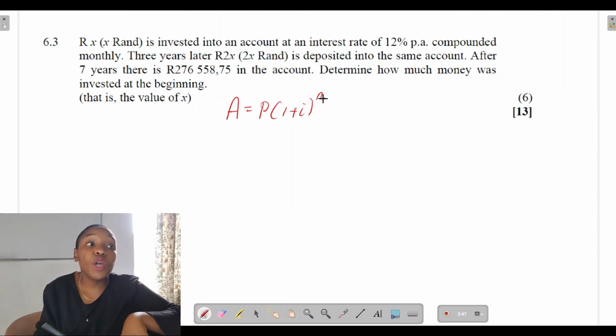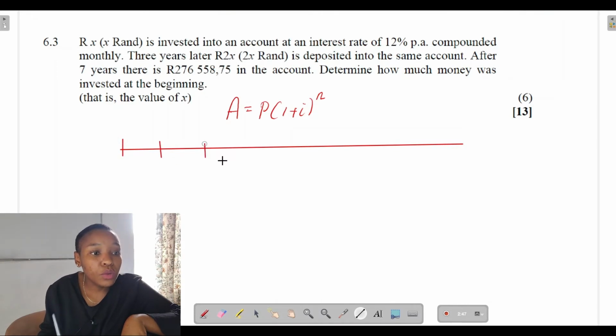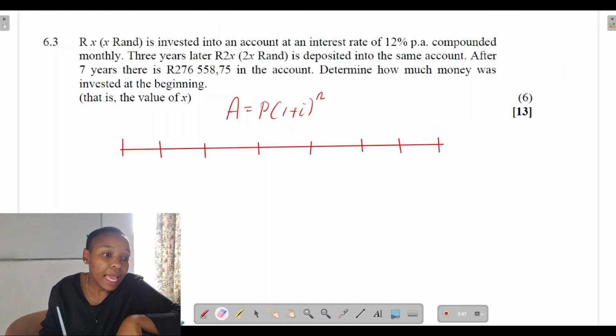Secondly, guys, we are going to be using timelines to help us answer this question. This money is invested into the account for how many years? 7 years. So we're going to have T0, 1, 2, 3, 4, 5, 6, 7. Then let's put in all the variables that are given to us.